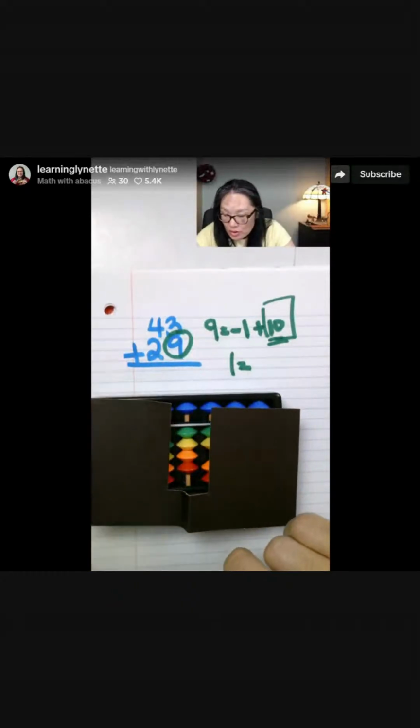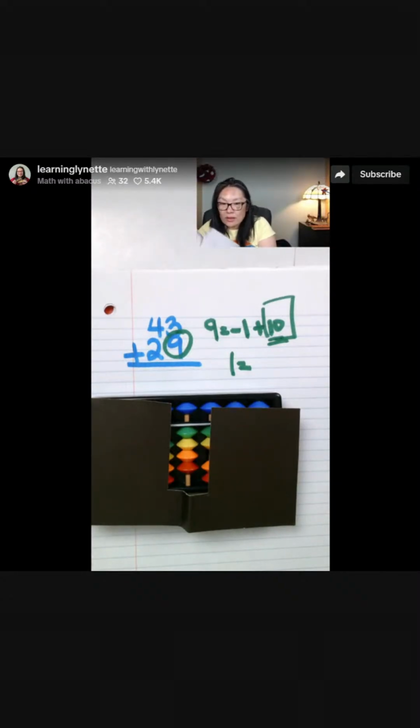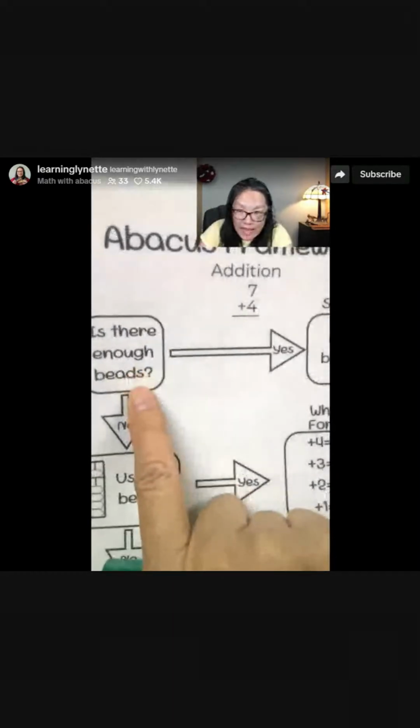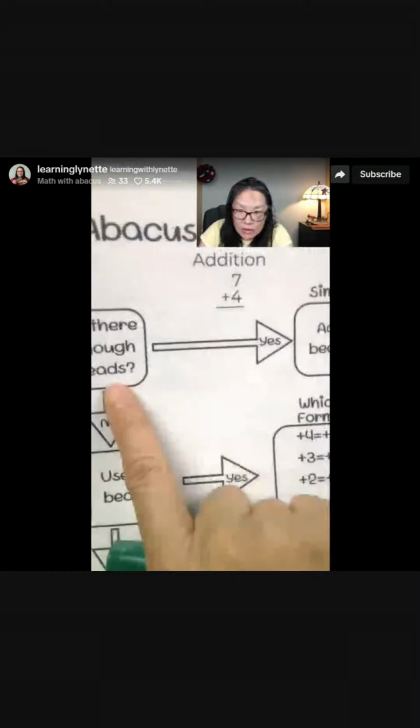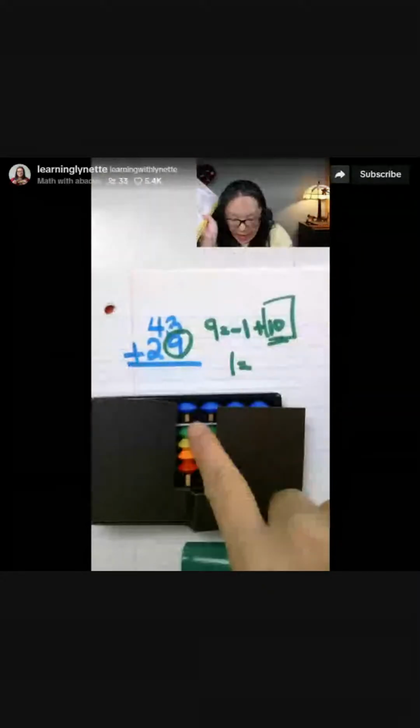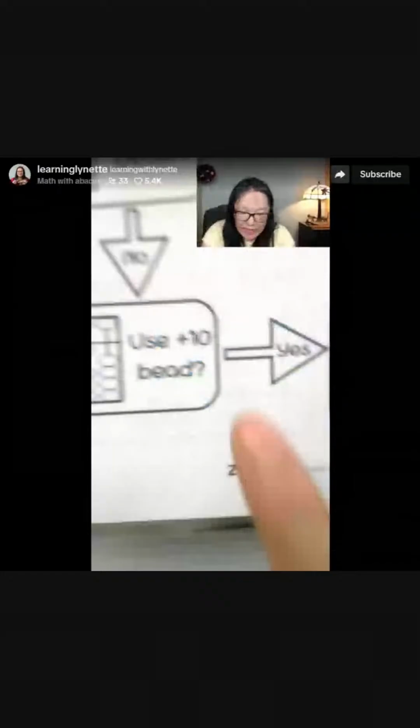This is where the workflow comes in. There's a whole workflow that happens in abacus. So we started off: is there enough beads to add? Yes or no? No. So then, can I add the 5? Yes. Because look, I have room for 5.